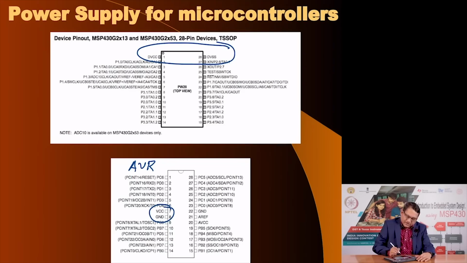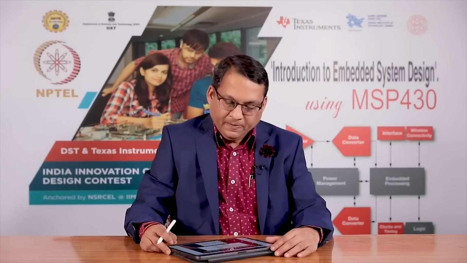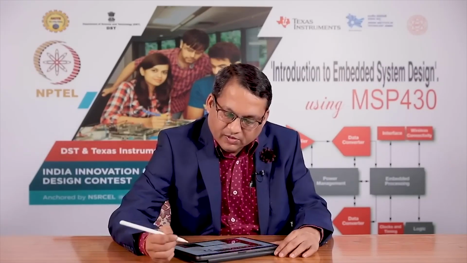As I mentioned earlier, this is the digital supply voltage, and this is the analog supply voltage pins which are available. You have to refer to the data sheet as to what is the supply voltage that the microcontroller expects.